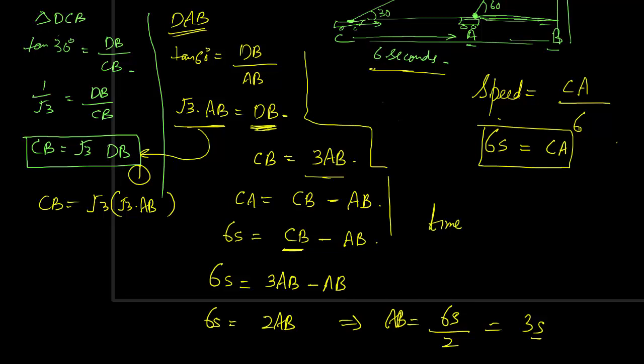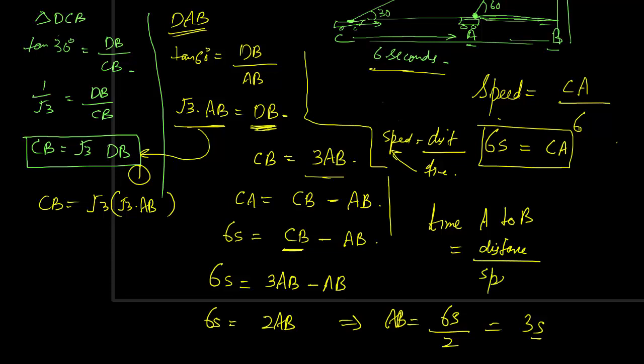Time taken to move from A to B is equal to, as we know that speed is distance divided by time, so time will be distance by speed. So distance is AB divided by speed S, right?